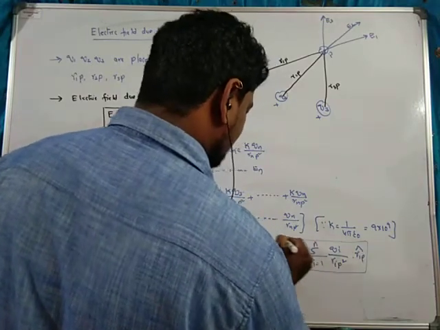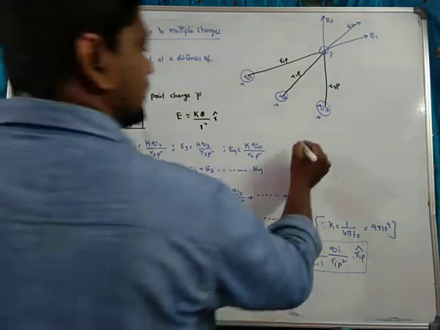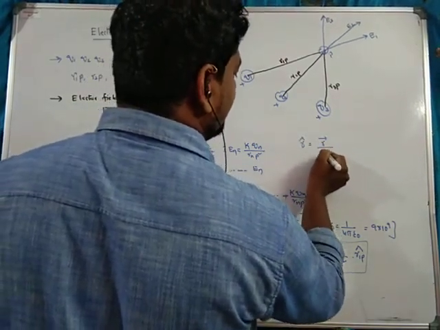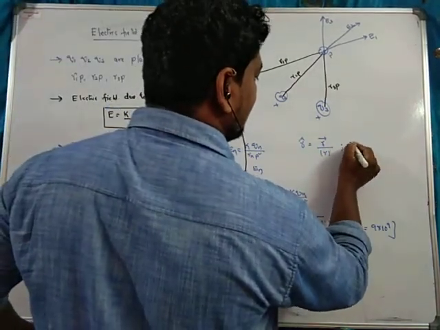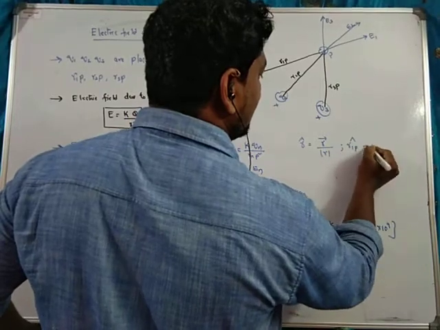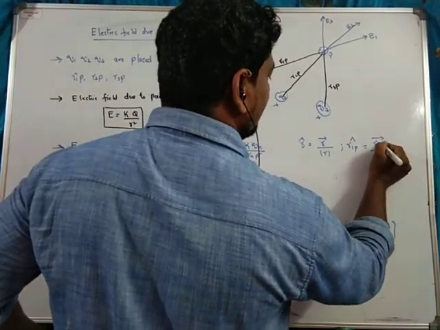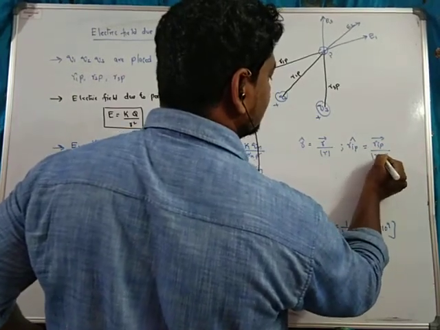This will be the vector form. Already we know about vectors, so R cap we can represent as R direction by modulus of R. Similarly, R of iP cap means R of iP direction by R of iP modulus.